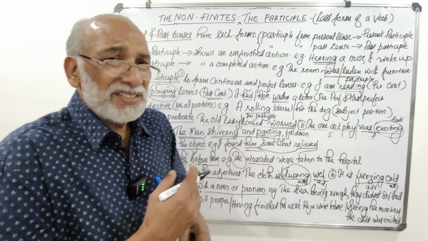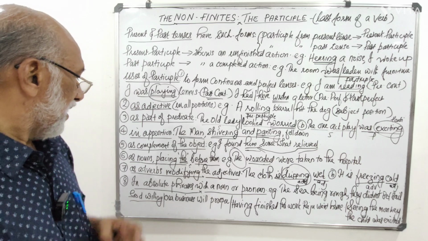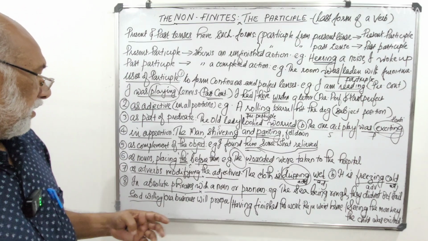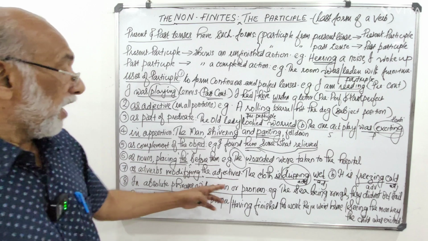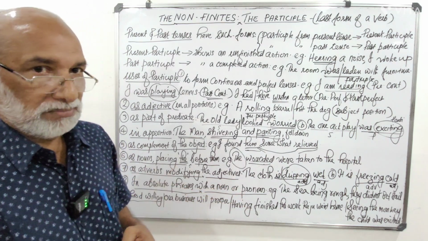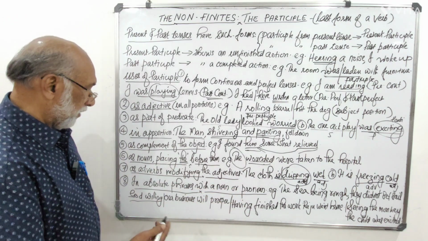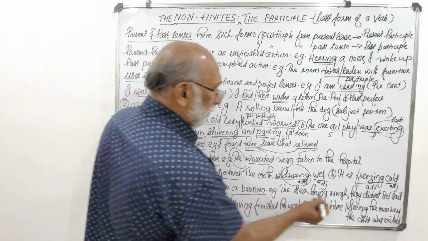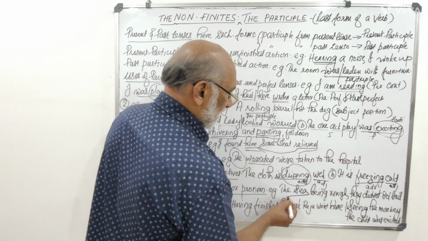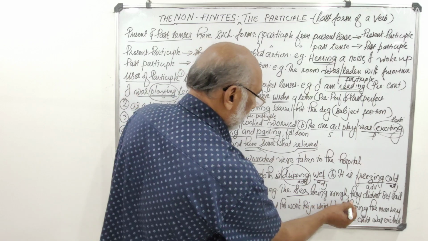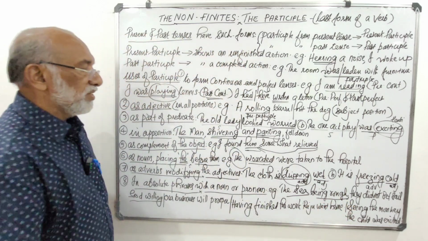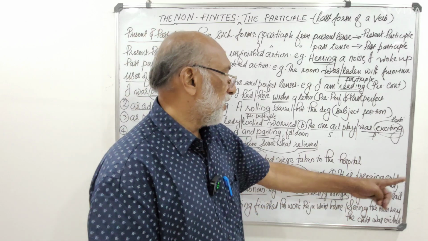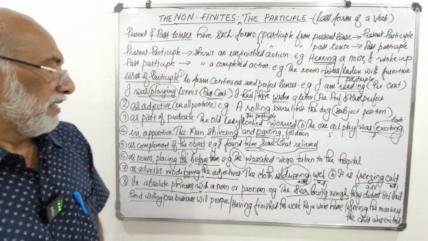These type of phrases are called absolute phrases, and in absolute phrases with a noun or a pronoun, there will be a noun as part of this absolute phrase. Here in the first one, the sea being rough. Sea is the noun and being rough, being is the participle here. The sea being rough, they did not set sail.